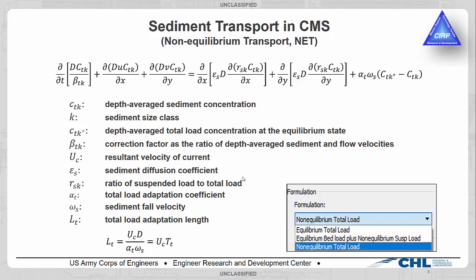Currently, for the implicit solver, we have only one option: non-equilibrium total load sediment transport, which solves this equation. For the explicit solver, maybe some people still use it, and you have other options: equilibrium total load, and also equilibrium bed load plus non-equilibrium suspended load. So in the implicit solver, the default is non-equilibrium sediment transport.